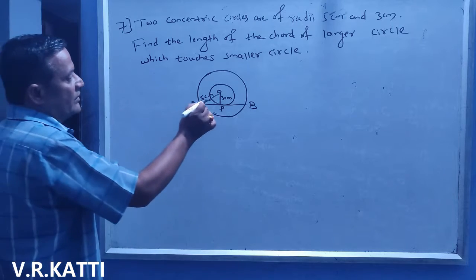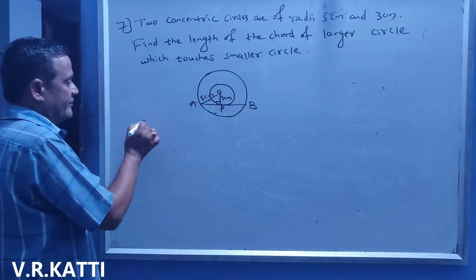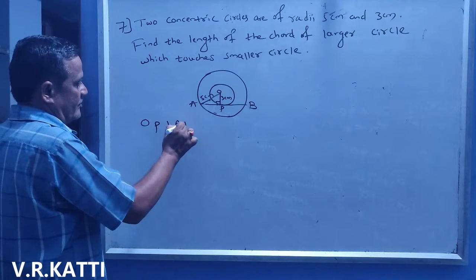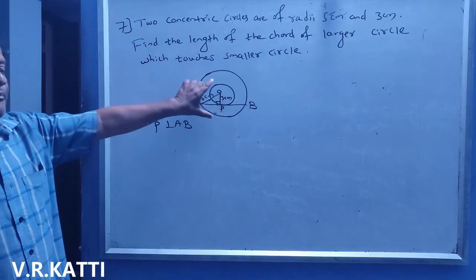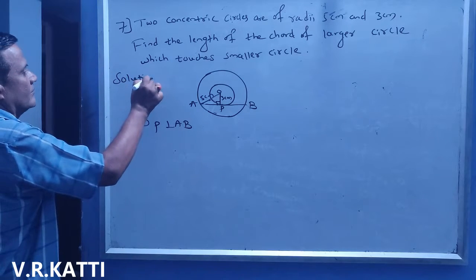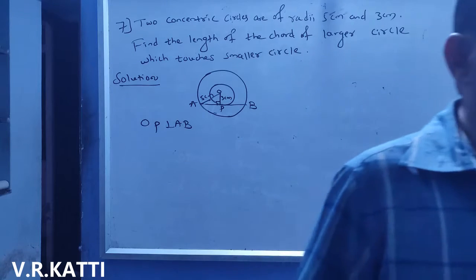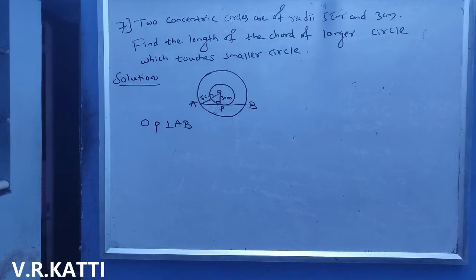Students, you know that OP is perpendicular to AB, because OP is the radius of the small circle and AB is the tangent.